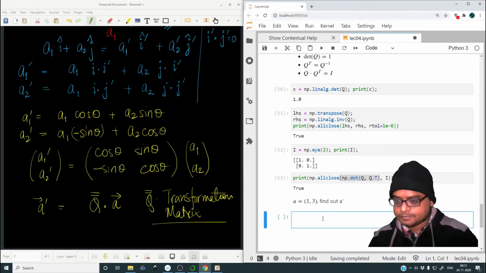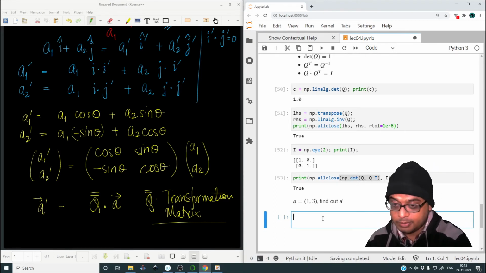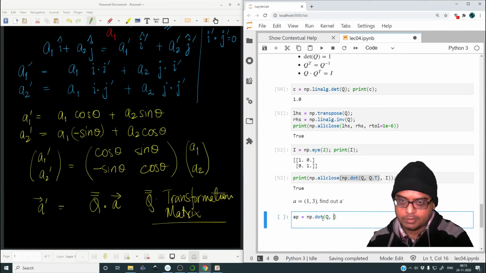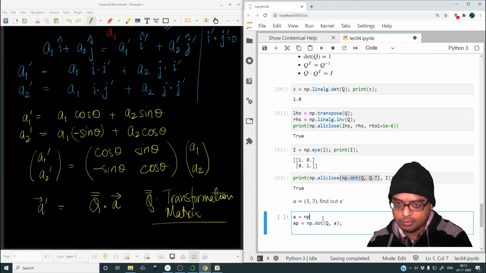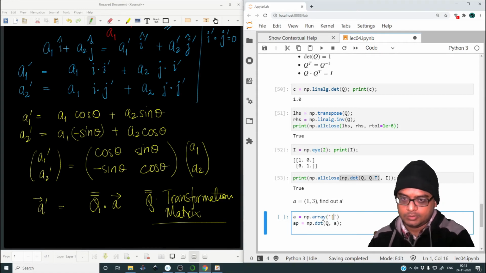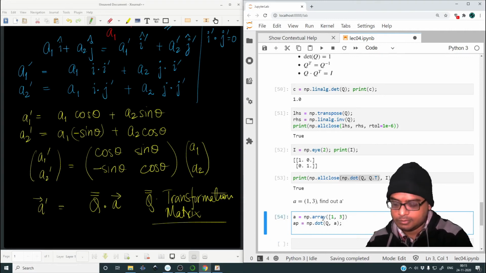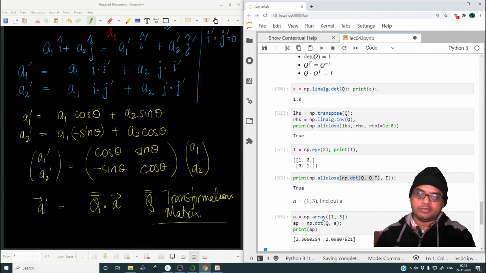All right, so the components of a prime will be equal to np dot dot Q comma a, but we have not yet defined what a is. So a equal to np dot array. It has to have two components. The first component is 1 while the second component is 3. Okay, so let us print out what the components of ap are. So these are the two components of ap.